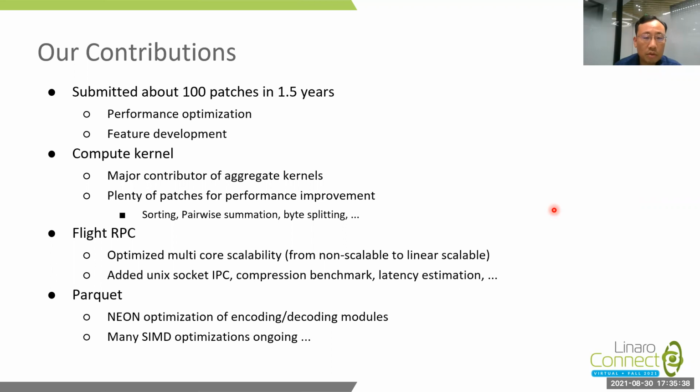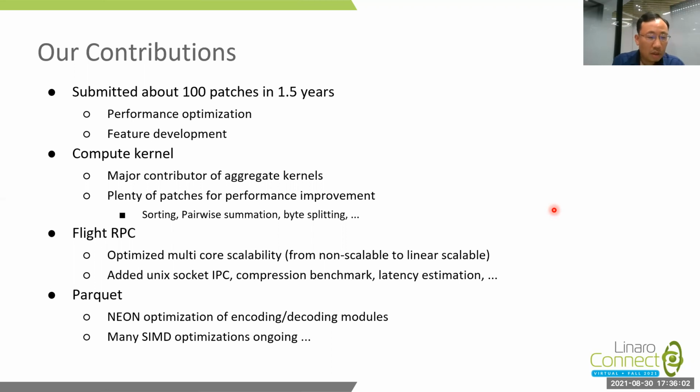We are the major contributor of aggregate kernels. And we also refined many core component framework modules. We have many patches for performance improvement, like the sorting kernels, summations, and byte splittings.